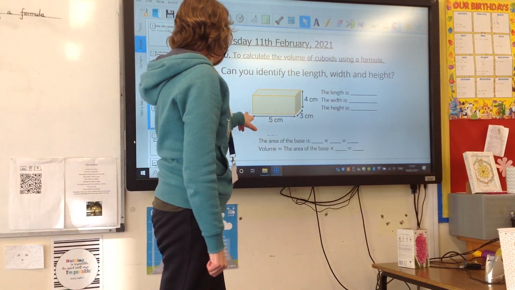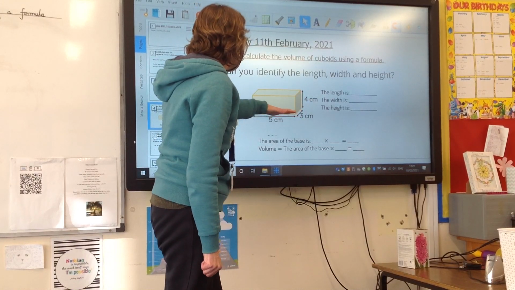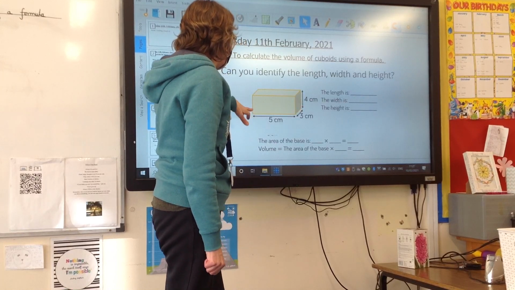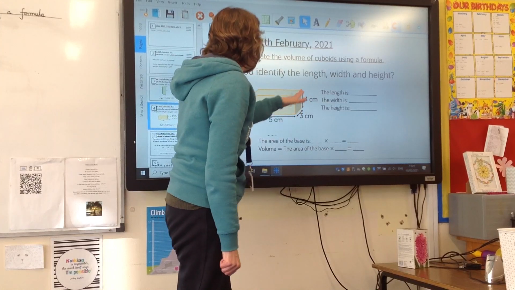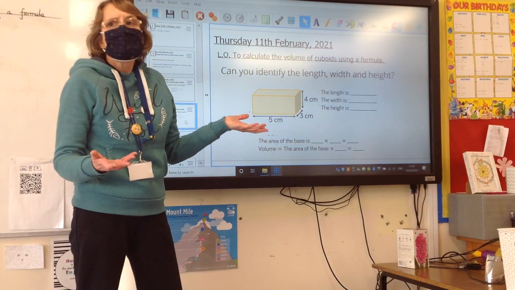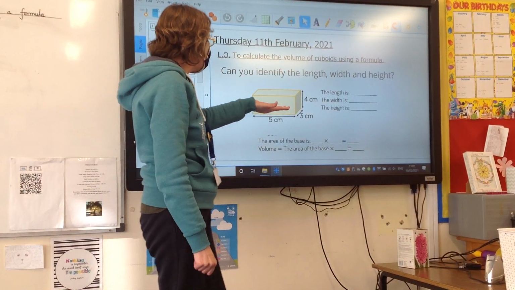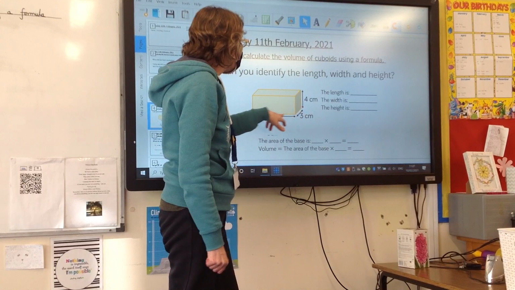The base. Okay, so if we think about that, but underneath. Although that's the top, think of that as your base. That base is 5 by 3. What would it be? 15 centimetres squared. So that base will be 15 centimetres squared, length times width.